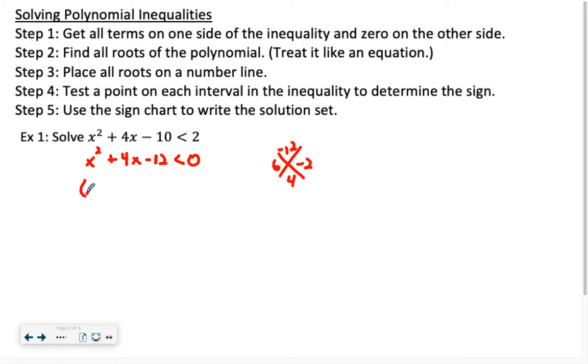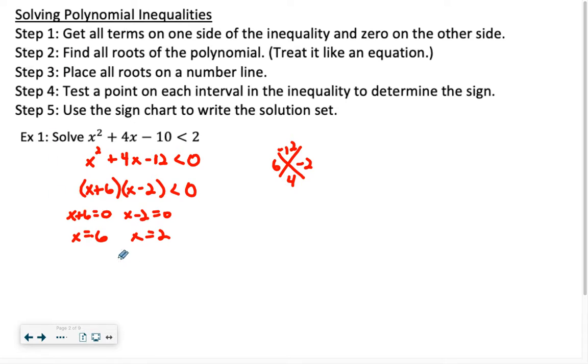So this would factor into x plus 6 and x minus 2. So then, if we set each of these factors equal to 0, x plus 6 equals 0, subtract the 6 over, we'll get x equals negative 6. Same here, x minus 2 equals 0, add the 2 over, we'll get x equals 2.